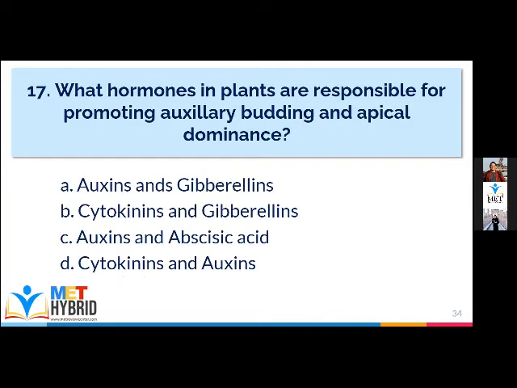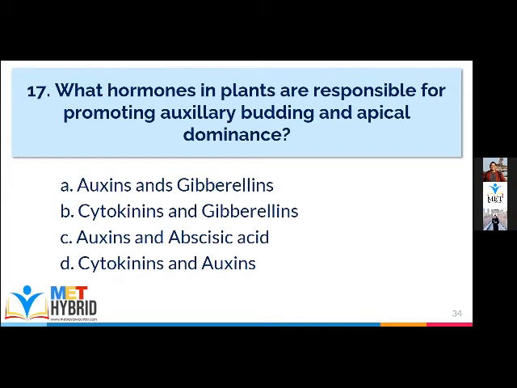What hormones in plants are responsible for promoting auxiliary budding and apical dominance? A, auxins and gibberellins, B, cytokinins and gibberellins, C, auxins and abscisic acid, D, cytokinins and auxins. Iba-iba na yung answer.